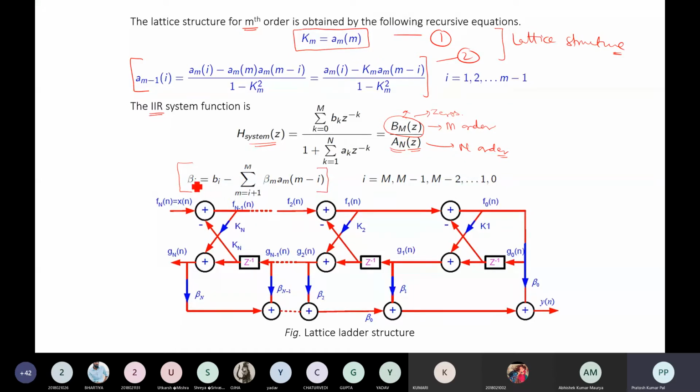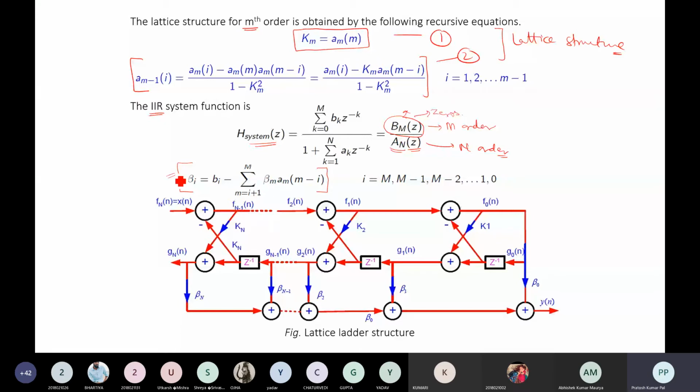So all the coefficients of the numerator polynomial are given by the formula beta i is equal to bi minus summation m is equal to i plus 1 to m, that is the order of the numerator polynomial, beta m a m minus i.